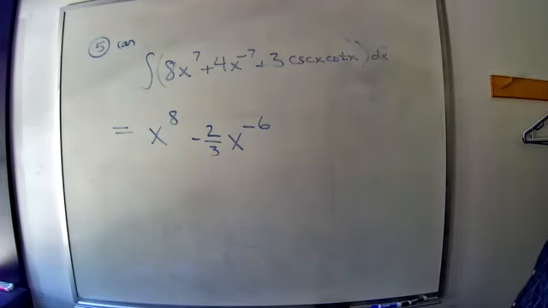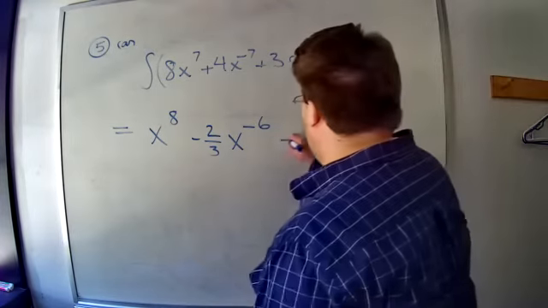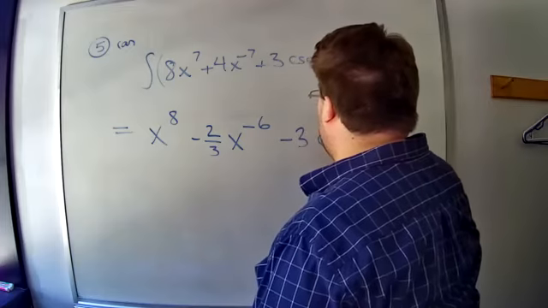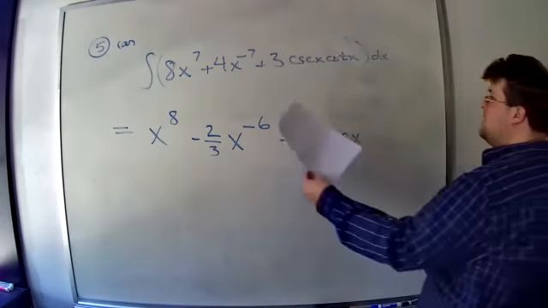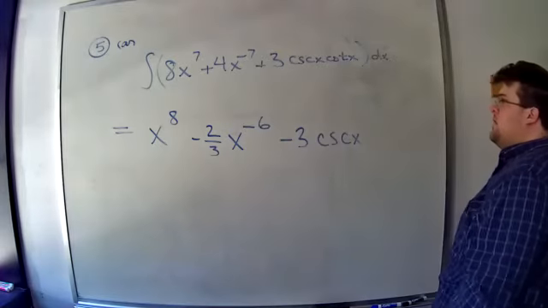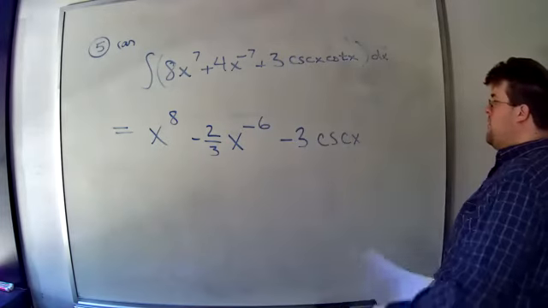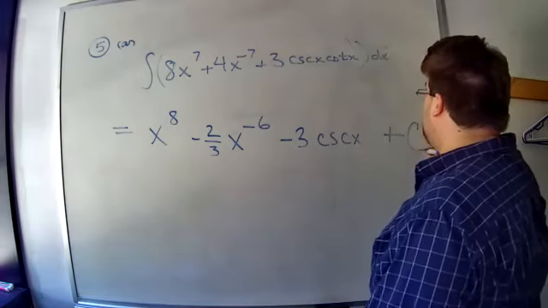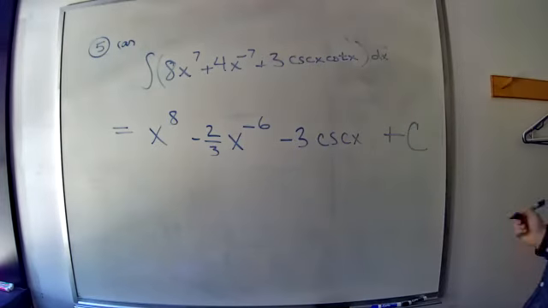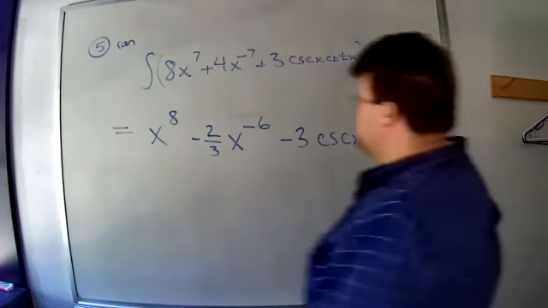Well, the derivative of cosecant x is negative cosecant x, cotangent x. So the derivative of negative cosecant x is positive cosecant x, cotangent x, and then the 3 goes along with it. This is indefinite, so we need a family of antiderivatives, meaning we need to add the constant c.